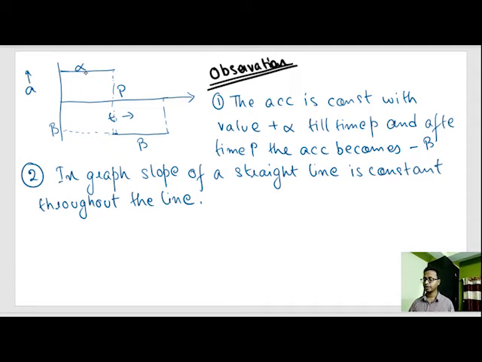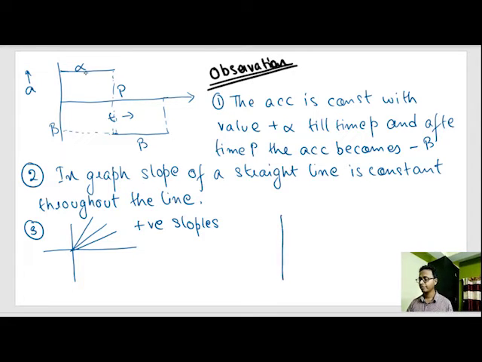Now some mathematical or graphical concept you need to know is any line like this or this, that means that is slanting on the right hand side towards x axis, has positive slope, and any graph that looks like this, that is slanting towards the left hand side, has negative slope.